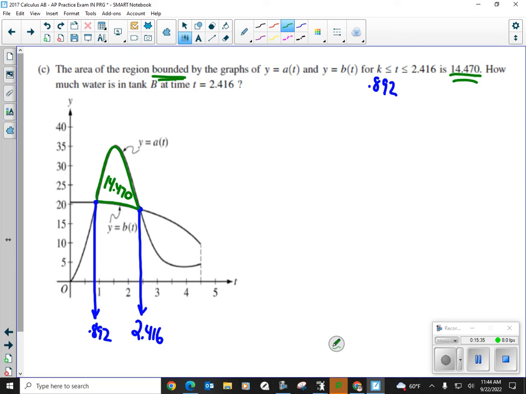So in between the graphs, between K and 2.416, it is 14.470. How much water's in tank B at time 2.416? We knew that this was a constant, but we don't know the equation for this right here. So I really can't do the area under the curve there.